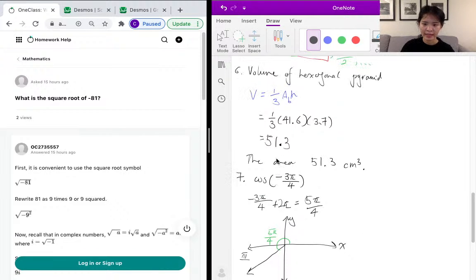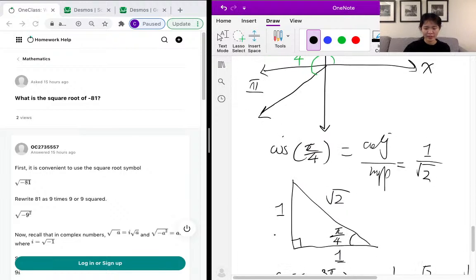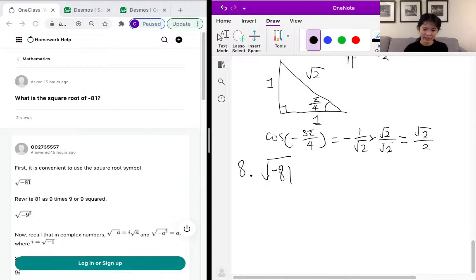of negative 81. So this question actually has two probable solutions depending on your schooling level. If you're in primary school or middle school, you look at the square root of negative 81, and you probably just want to say that the solution doesn't exist because you can't square root a negative number.